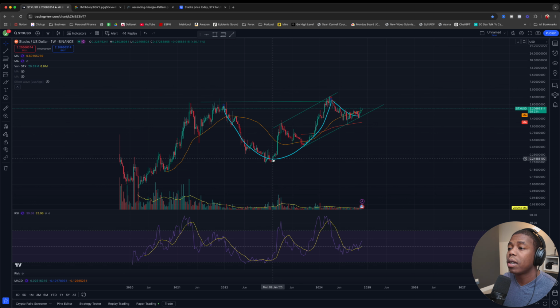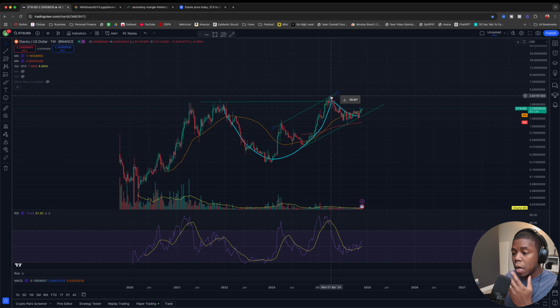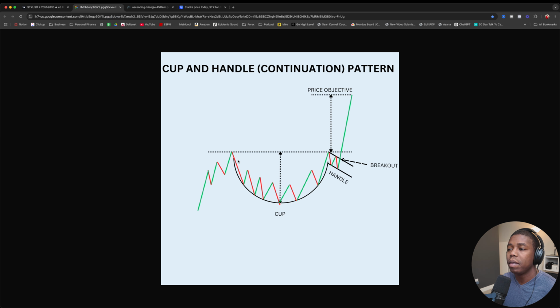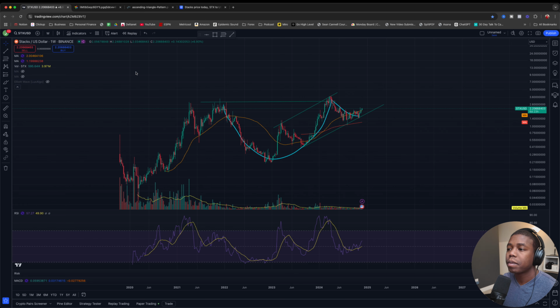And that was the start of this bull market. And we had price come up, actually a big move in March of 2023, then a pullback. And then we've had this move to the upside all the way through April. And that basically created that rounding pattern, the cup of the cup and handle pattern.